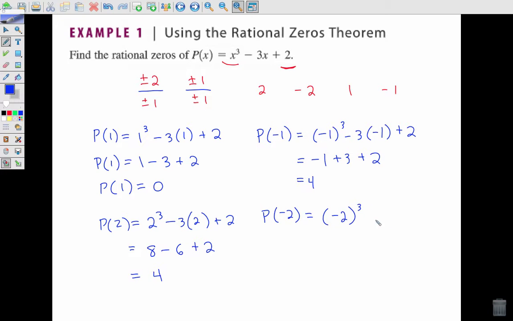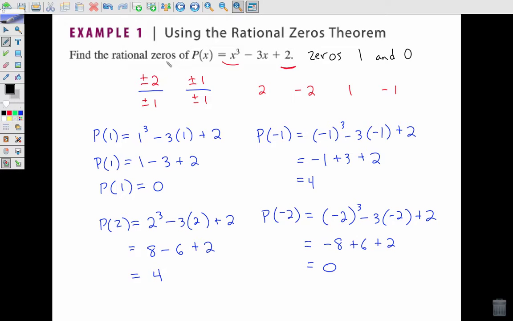So negative 2 to the third is negative 8 plus 6 plus 2 is 0. So our two zeros are 1 and negative 2.